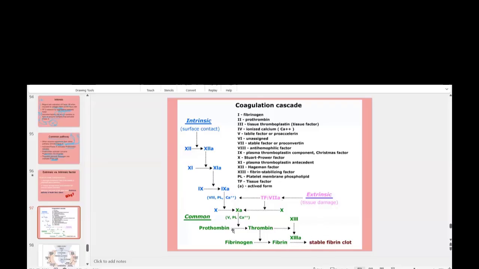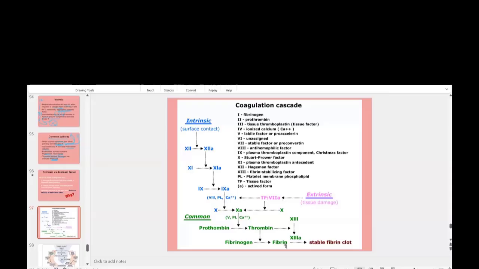Thrombin converts 13 into 13A. I do not expect you to draw this or write it down or memorize it, but at least you should know that both of them end in factor 10. That is important. You should know that prothrombin is converted into thrombin, and then thrombin converts fibrinogen into fibrin.